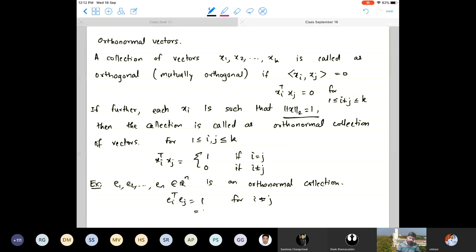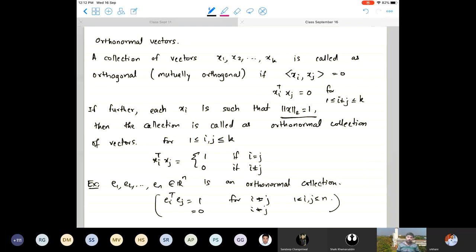That's the way we had defined these, right? One in the ith entry, all other entries 0 for ei. So they satisfy this property clearly, and because they satisfy this property, we know that this is an orthonormal collection. Very interesting set of vectors. In the previous lecture, you must have seen that they form a basis of Rn, and now we are saying that it's an orthonormal collection also.